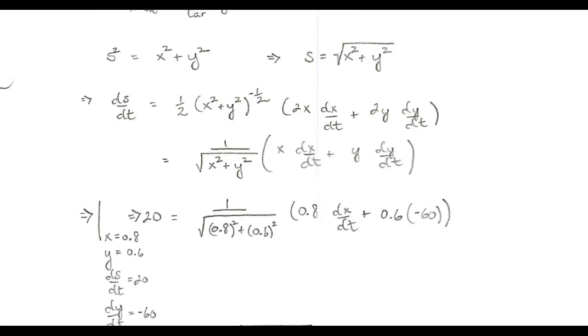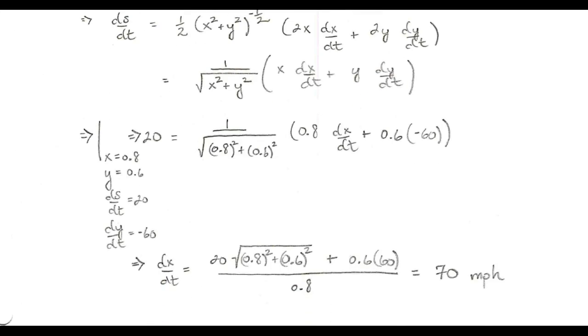So I want to solve for dx/dt. Remember, that's what you're asking for: the speed of the car that's racing away from the intersection. Rather than do some algebra up here, I'm going to plug in the numbers first. We know ds/dt is 20. We know that x is 0.8 and y is 0.6.